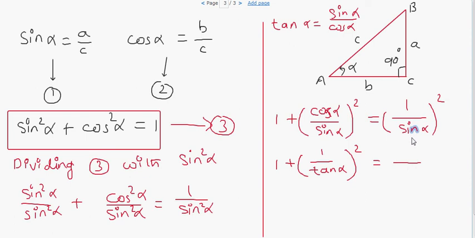And we know from the reciprocal identities 1 over sine alpha is cosecant alpha.